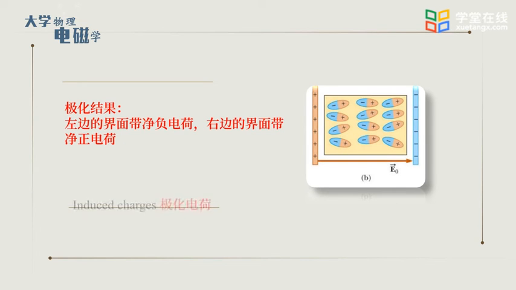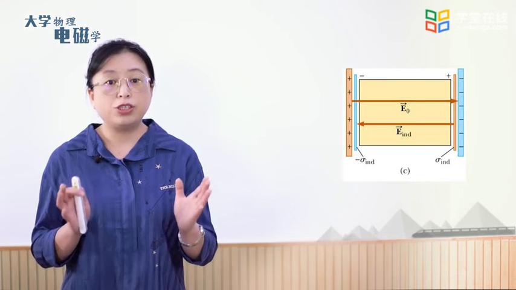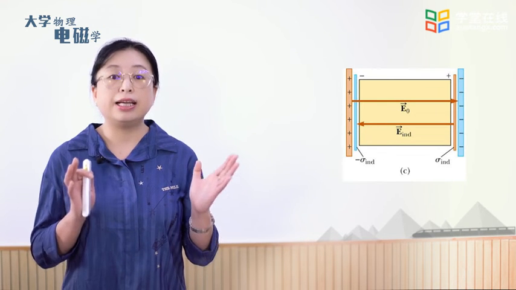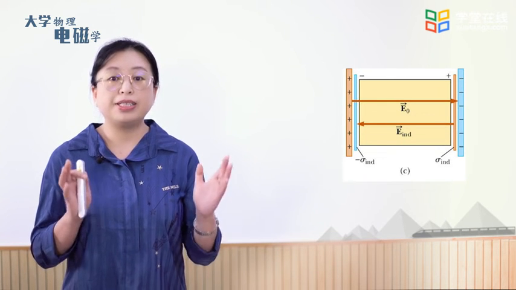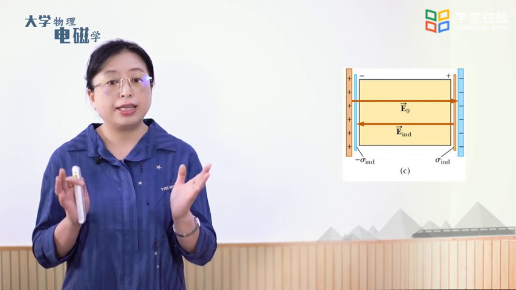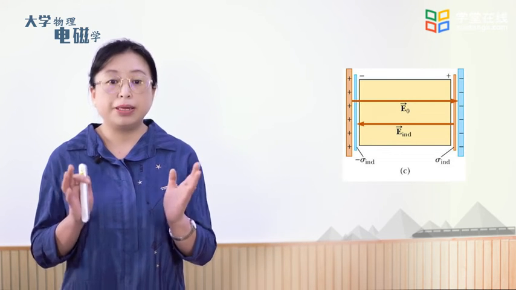Similarly, the right surface carries a net positive charge. These charges are called induced charges. The induced surface charges on the two faces of the dielectric create an induced electric field represented by E. E is directed opposite to the external field E0, but with a smaller magnitude.